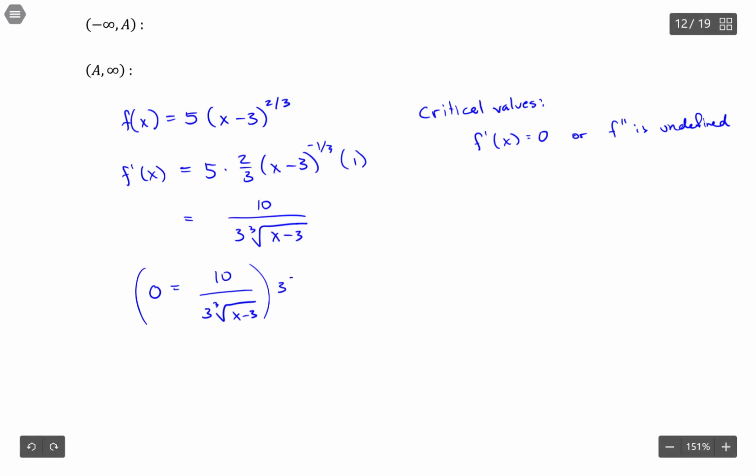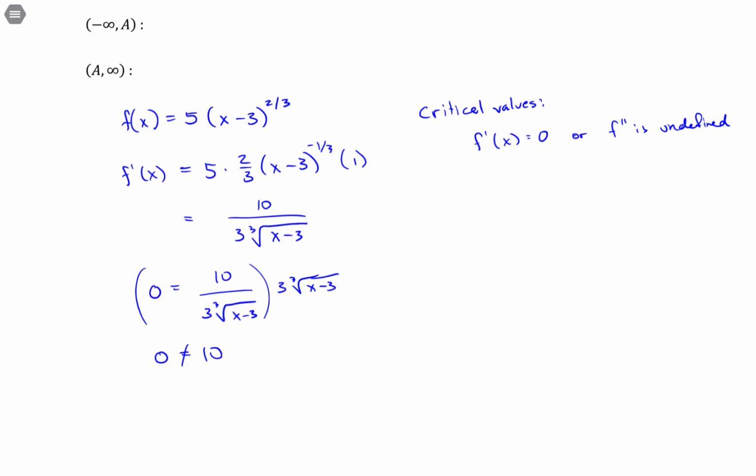I could do that by multiplying both sides by 3 times the cube root of x minus 3. But 0 times anything is just 0. It would cancel the denominator here, and I get 0 equals 10. But that's not a true statement.